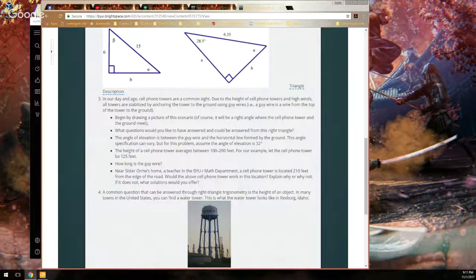So that's the angle. The height of the cell phone tower averages between 100 to 120. For example, let our cell phone tower be 125 feet. So that gives us the opposite side, which is the Y. How long is the guy wire?